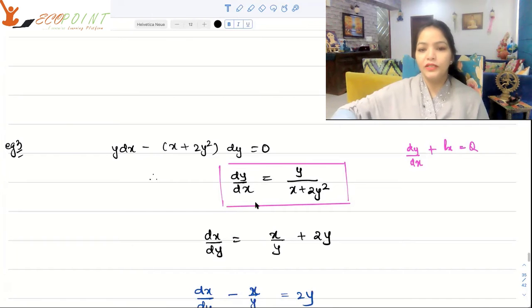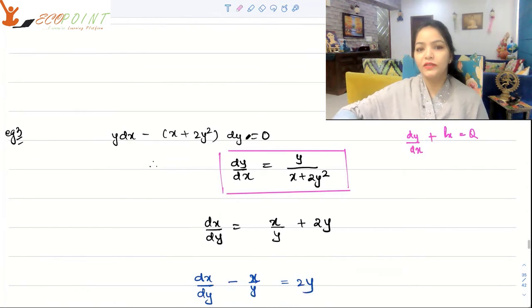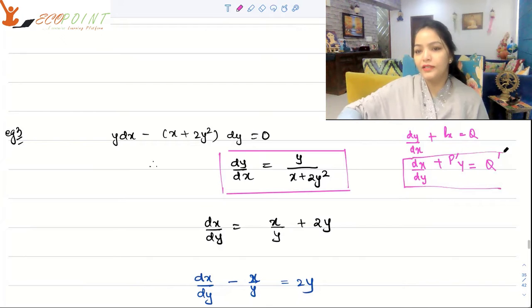Since you have y upon x plus 2y squared, I would rather take it as dx by dy, because it will be easy for us to write it in the form dx by dy plus p dash x equals q dash. So dx by dy will be x upon y plus 2y.